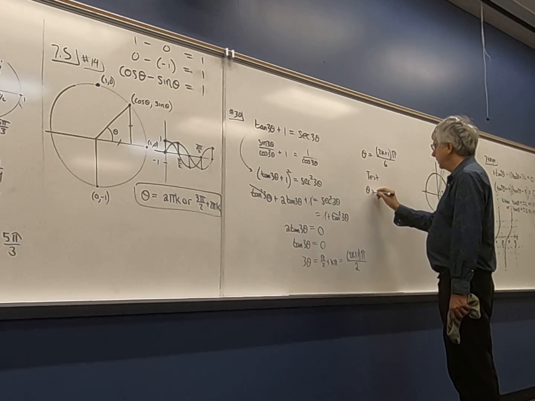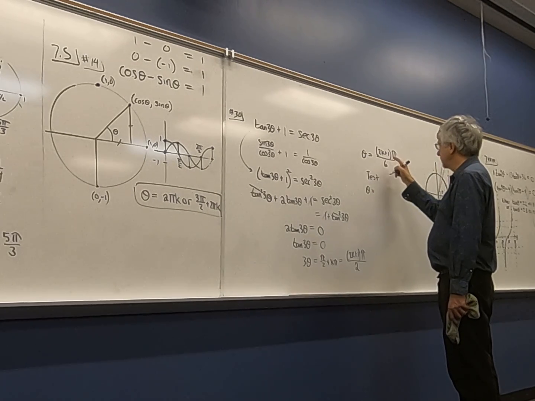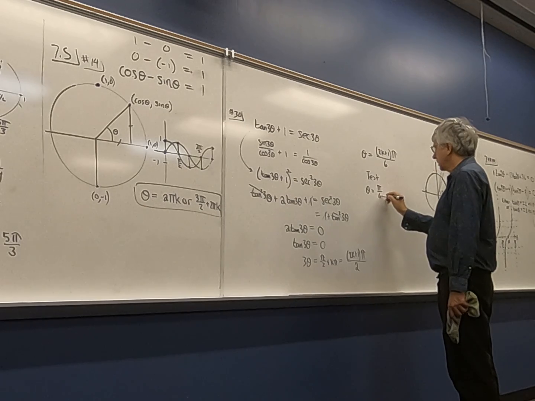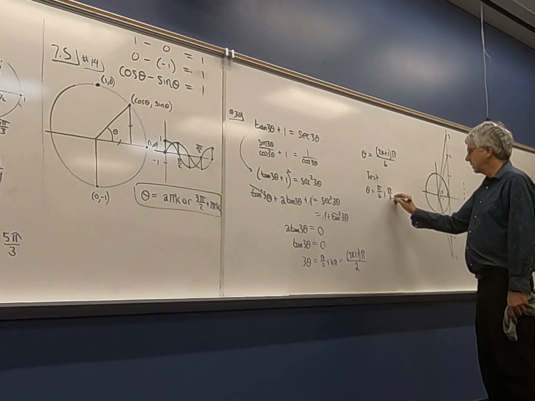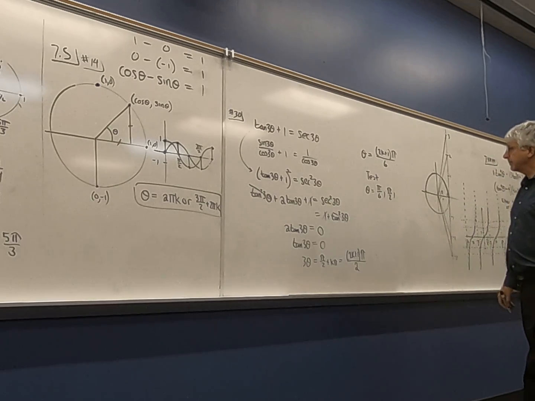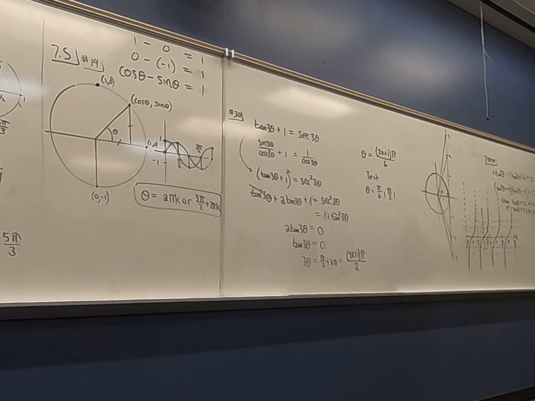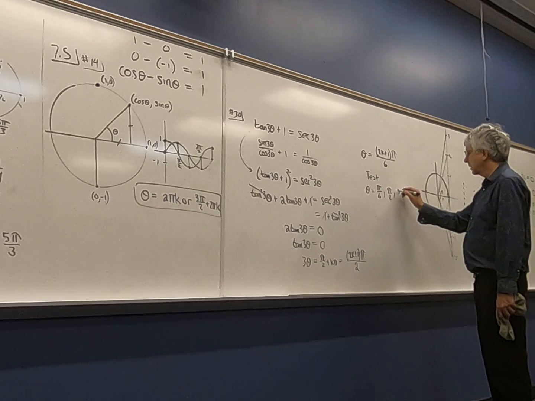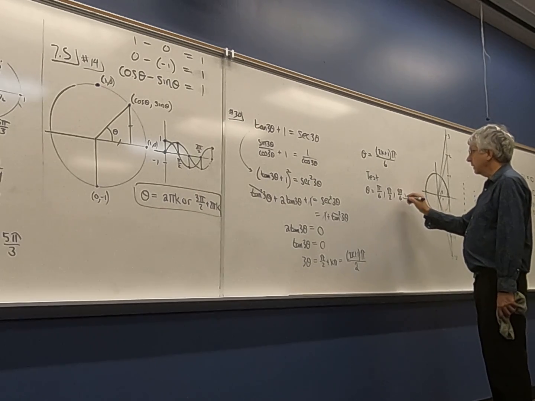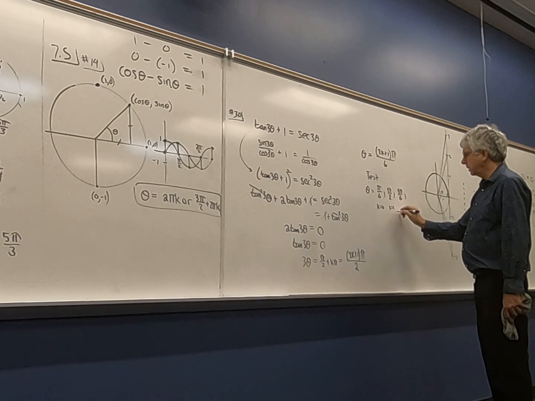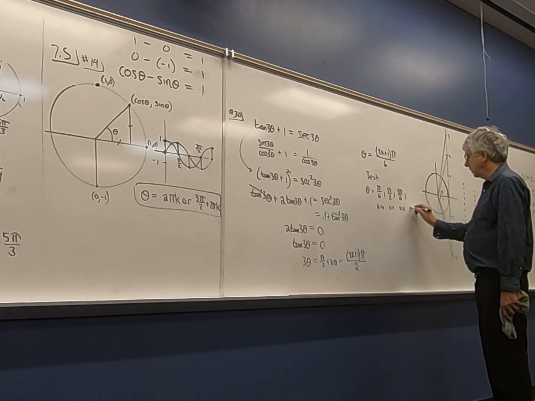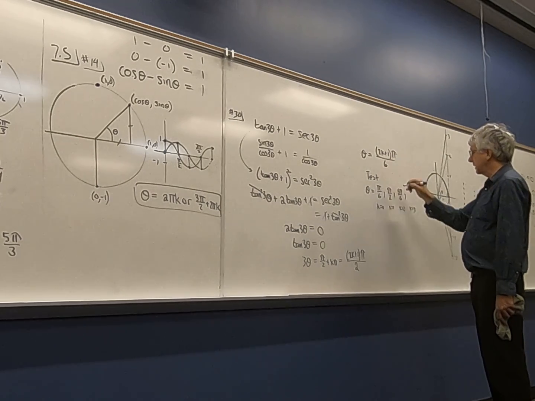So theta could be equal to, if k is 0, pi over 6. If k is 1, what do we got? Pi over 2. If k is 2, we got 5 pi over 6. If k is 3, so this is k equals 0, k equals 1, k equals 2, k equals 3, we got 7 pi over 6.